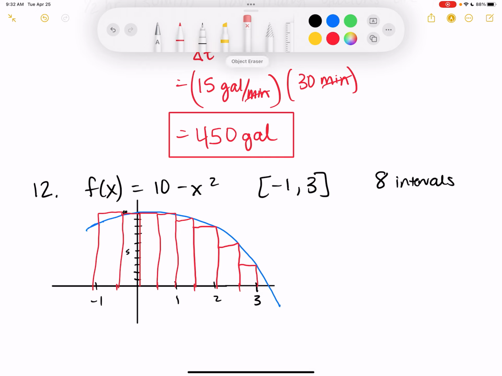You can do the table like we did for the other problem, but you don't necessarily have to have every single sub-interval written out, because that's a lot. I would probably find the height, and the base is all going to be the same because it's broken up evenly.